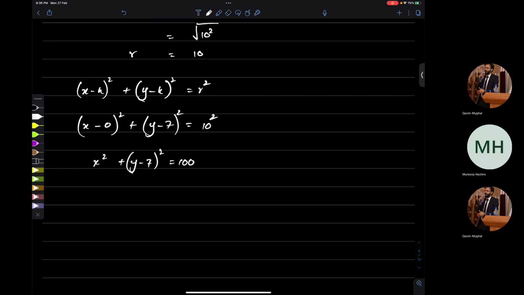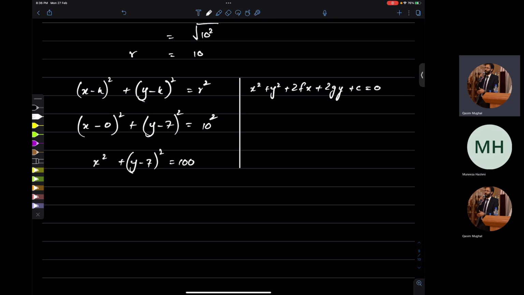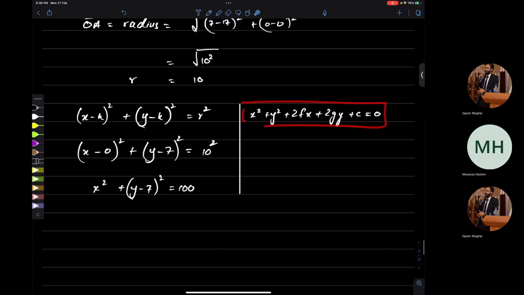Got it? And just in case the examiner asks you to give the equation in the format x squared plus y squared plus 2fx plus 2gy plus c equals 0, can you write down the equation directly into this format?